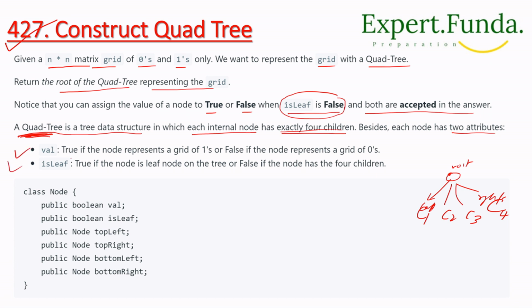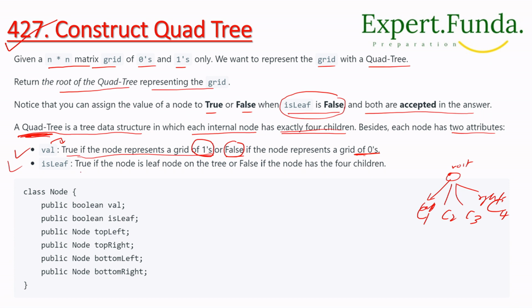The value is true if the node represents a grid of ones, and false if the grid value is 0.